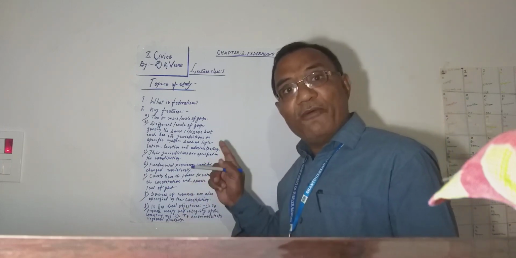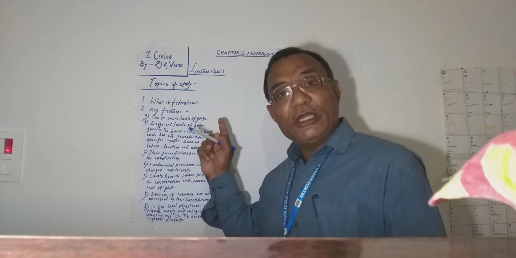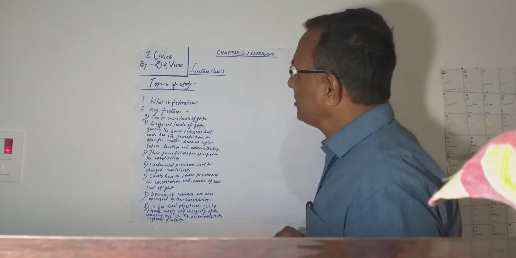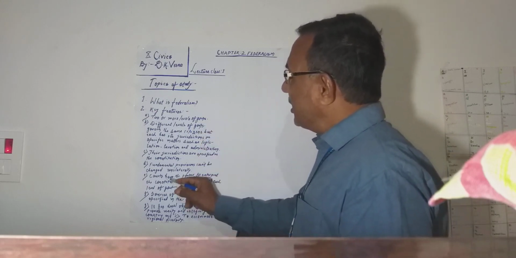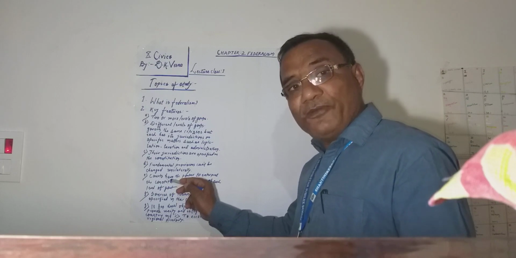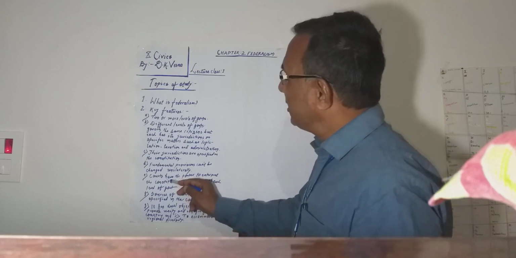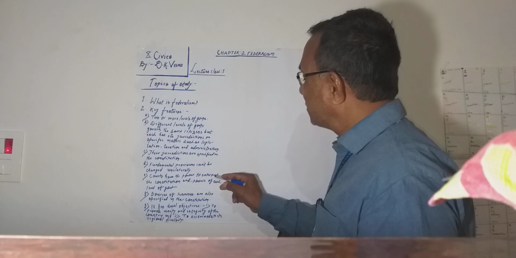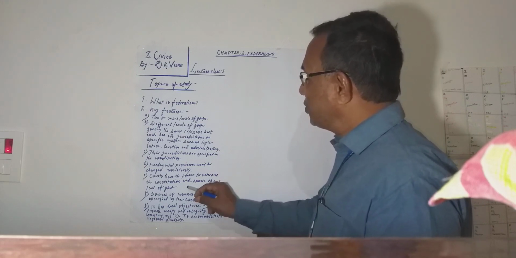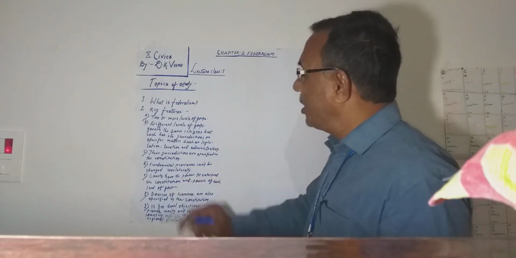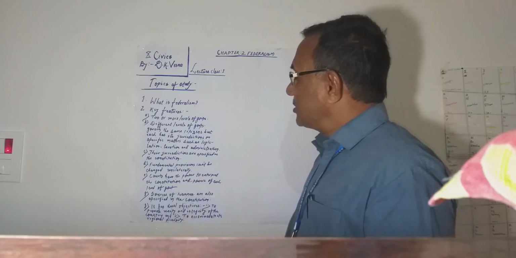And this is a basic key feature of Indian federalism. After this, students, here is another key feature of federalism, and that is courts have the powers to interpret the Constitution and the powers of the different levels of the government.